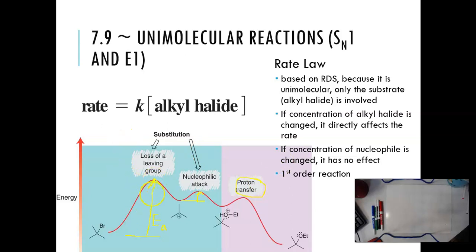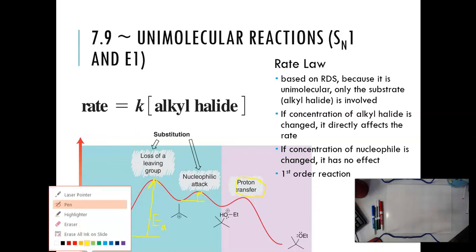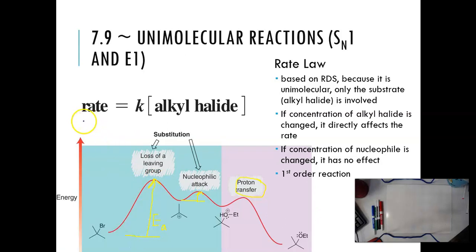This first step has such a large activation energy, that's the portion that is included in our rate law. So our rate law up here, the rate is k times the concentration of our alkyl halide or the substrate. So it's only involving our substrate concentration. That means if we change the concentration of our nucleophile, it does not change the rate of our reaction.